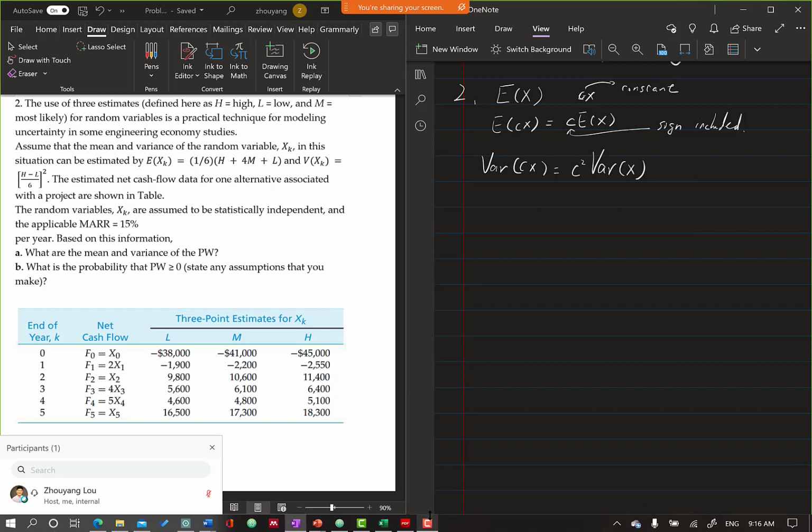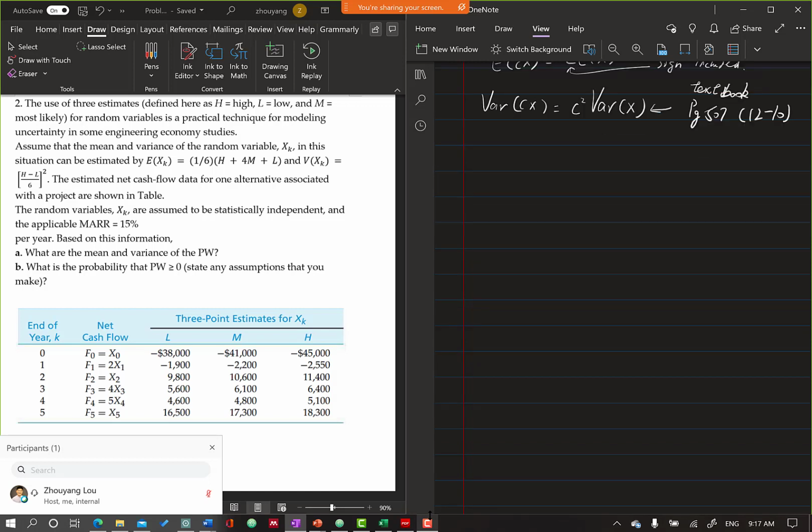The derivation of this is very straightforward. The derivation in the textbook, page 507, equation 12.10, is very clear, and you can check that out for a clearer understanding.